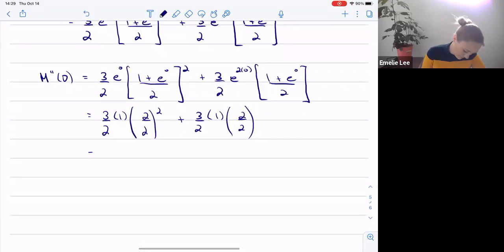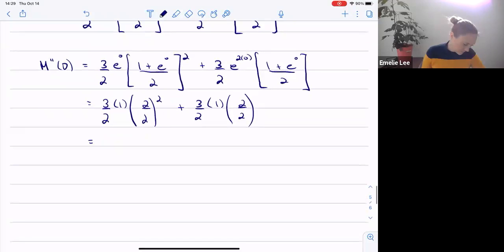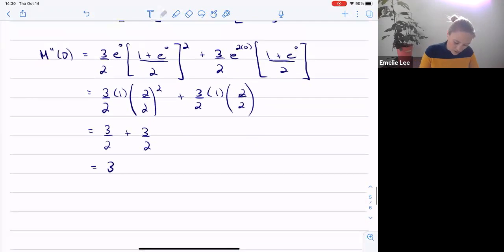Womp womp. All right. Putting me at 3 plus 3 over 2, which is 6 over 2, which is 3. Okay. Which is the expected value of x squared.